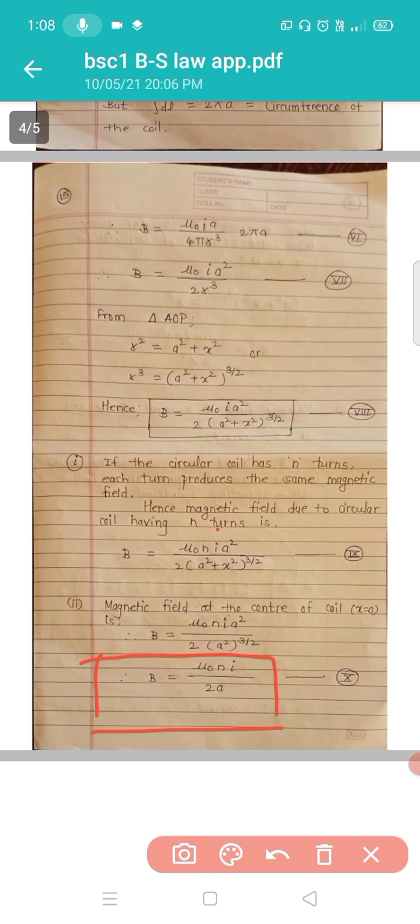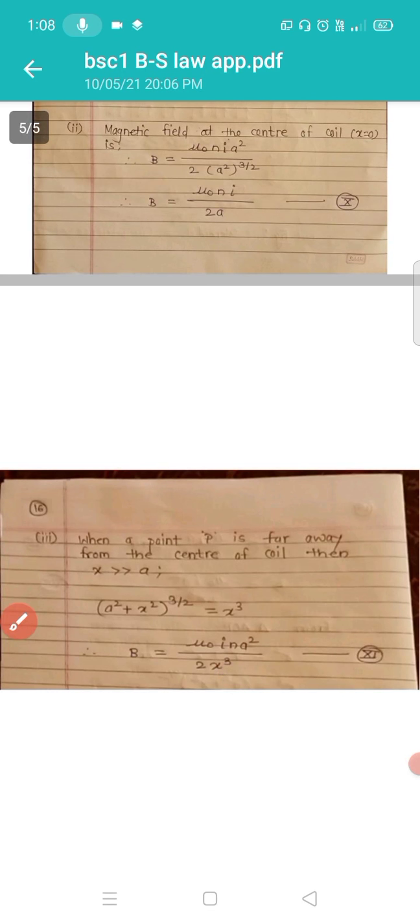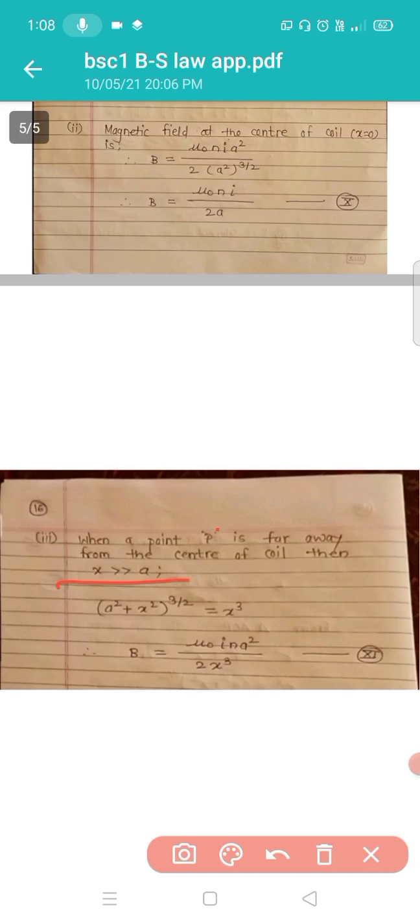Then the next case is when the point P is far away from the center of the coil, then x is very much greater than a. Hence the magnetic field is given by the equation B is equal to mu naught I N a square upon 2 x cube. These are the 3 cases.